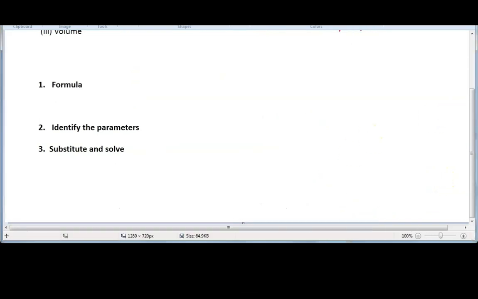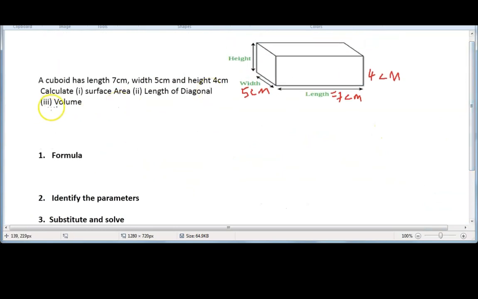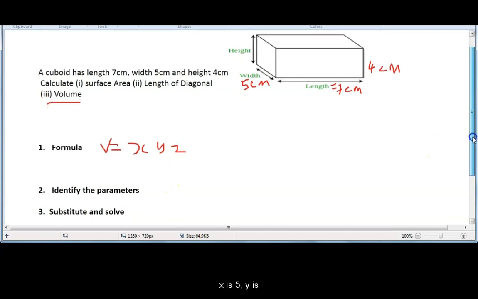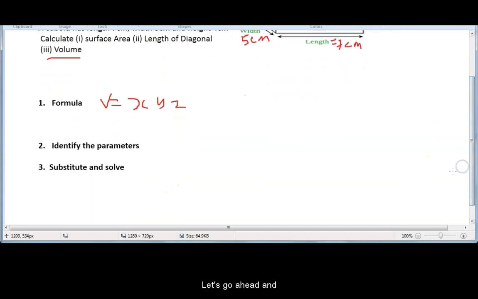Finally, the volume. V is equals to X, Y, Z. As usual, the parameters are the same. X is 5, Y is 7, and Z is 4. So let's go ahead and substitute.